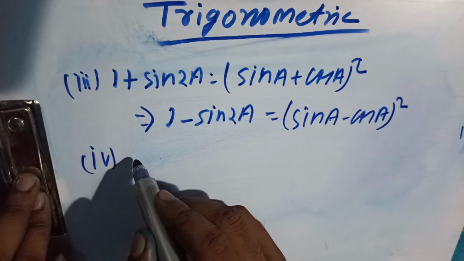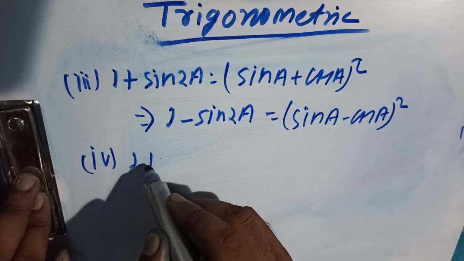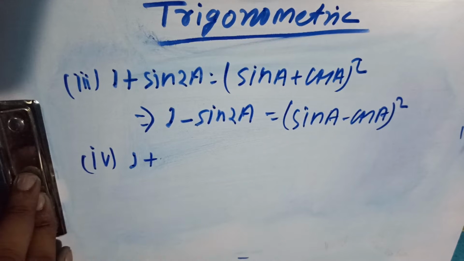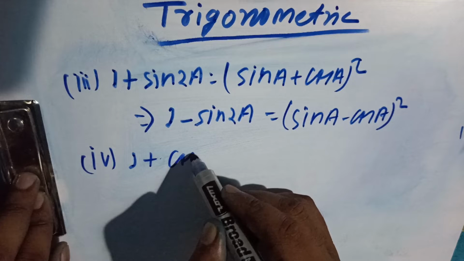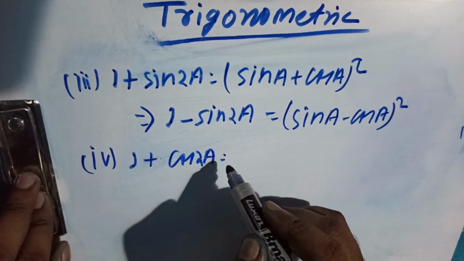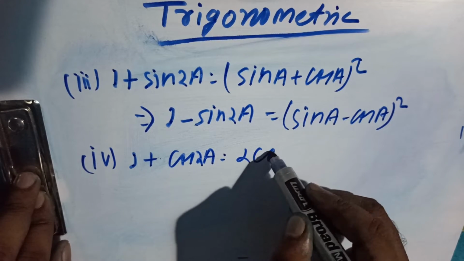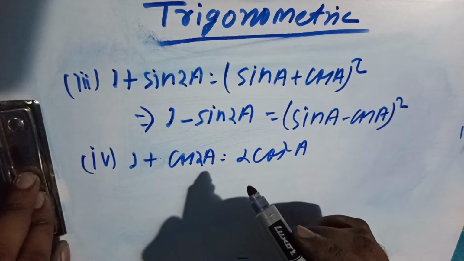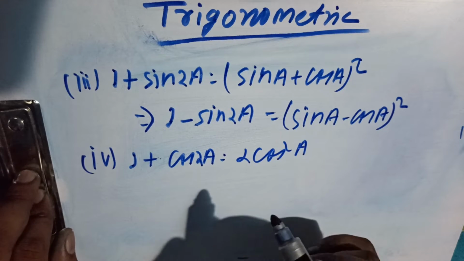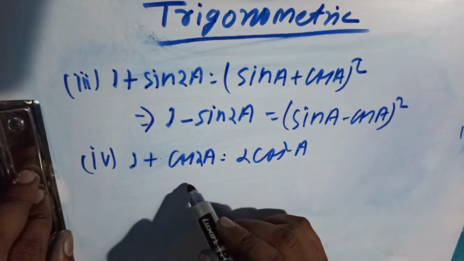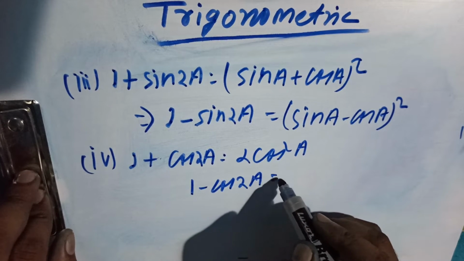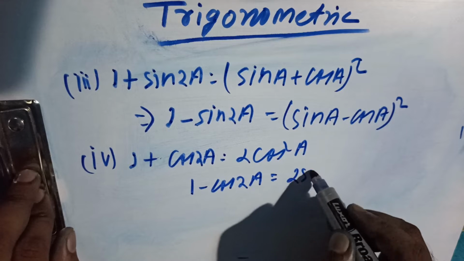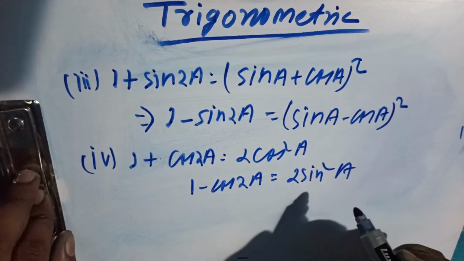Fourth one, 1 plus cos 2a equal to 2 cos square a. In case of minus, 1 minus cos 2a equal to 2 sin square a.